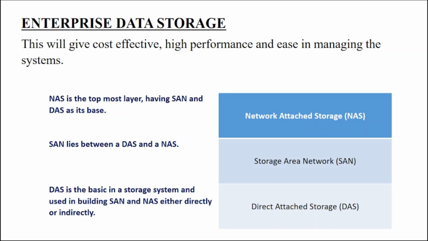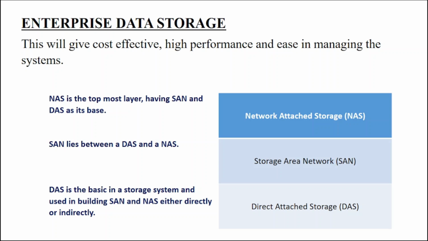Over this, the second layer is your storage area network, where these devices are connected to each other with the help of a network, and a middleware is used to treat them as a single device. And after that, the highest and most reliable storage device is network attached storage.